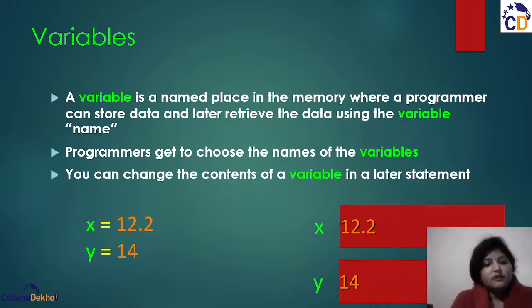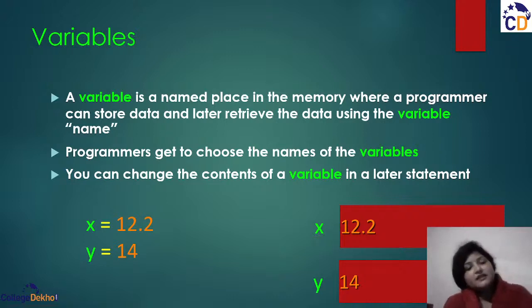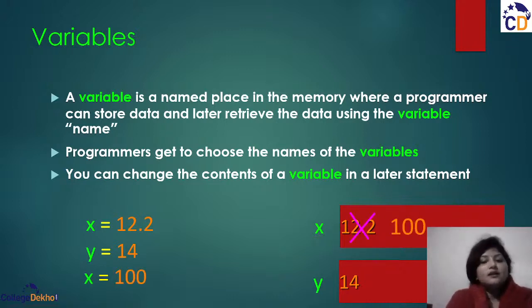In the third statement, if I change the value of this variable, x is equal to 100, the memory location named x is no longer holding 12.2, it is holding the value 100. This is how variables and constants are used in a program.